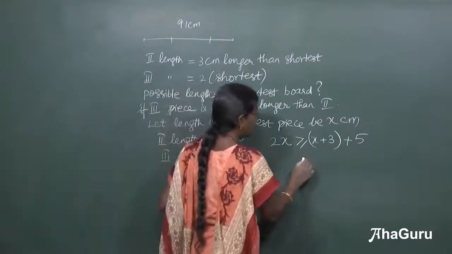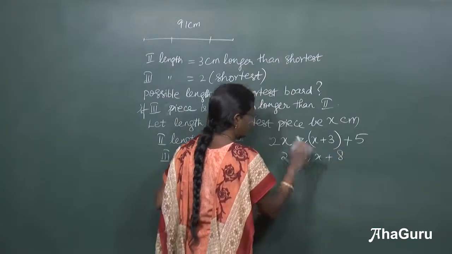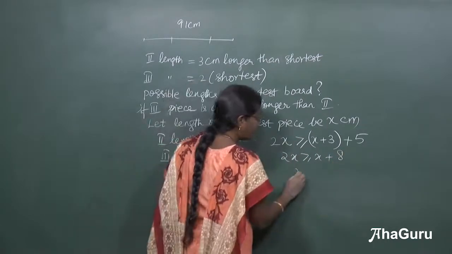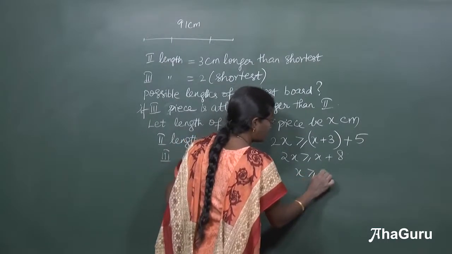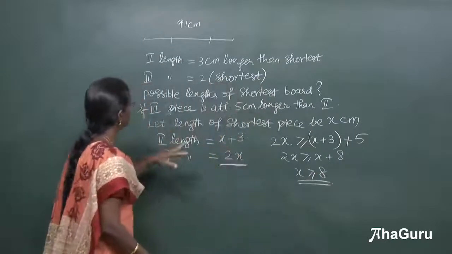Just solve this, we get x plus 8 here, correct. When I simplify, I get x to be greater than or equal to 8. This is one value you get.